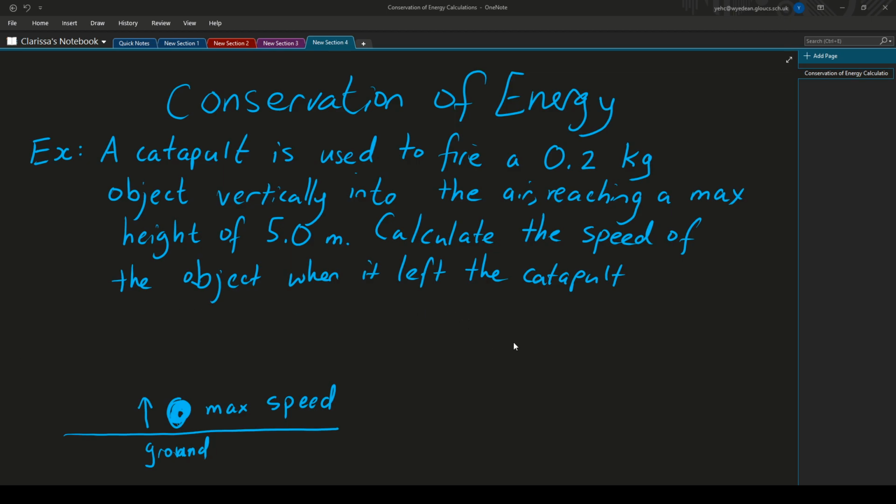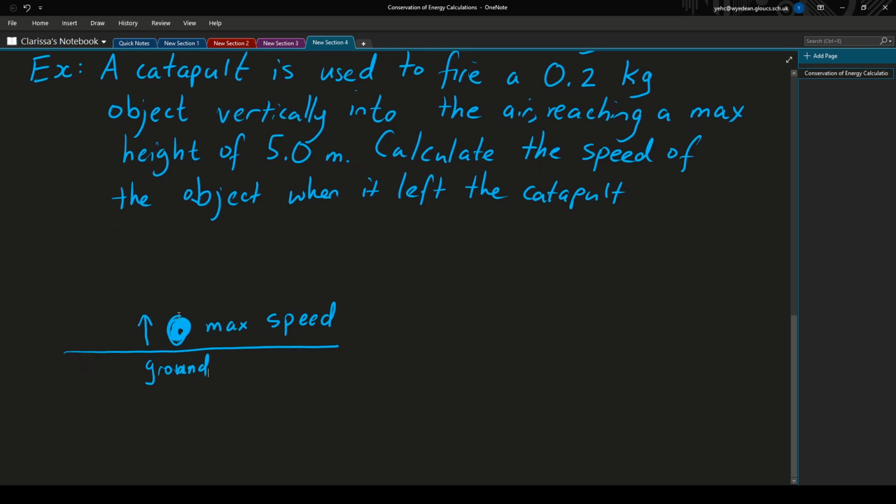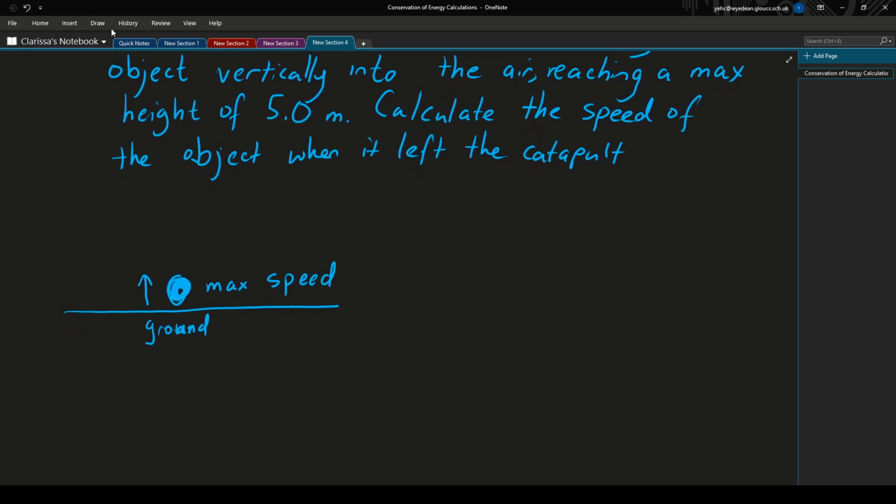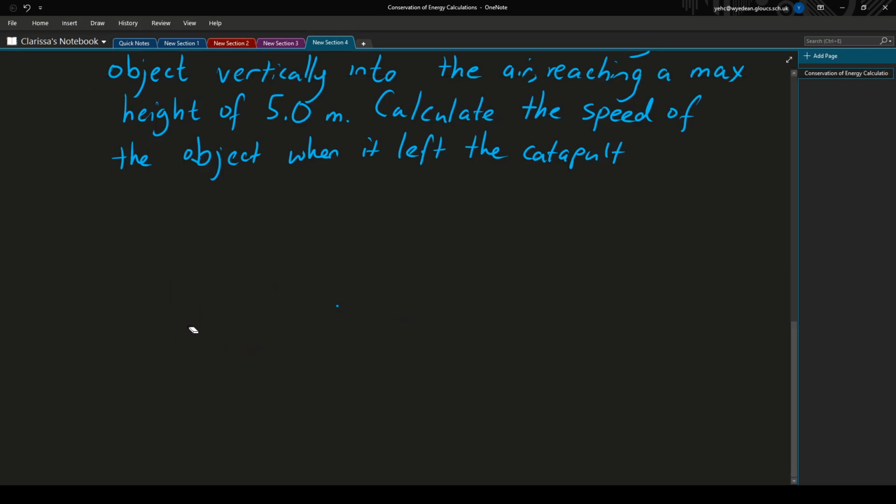Good guess. Think about our GPE equation though. Let me actually scroll down to draw this a little bit bigger. So I'll put the equations up here to remind you.